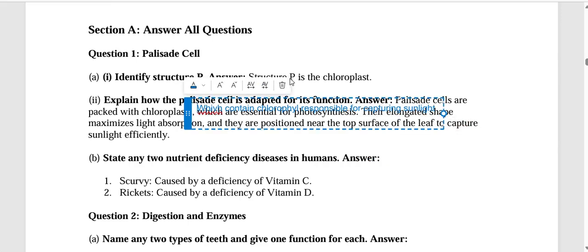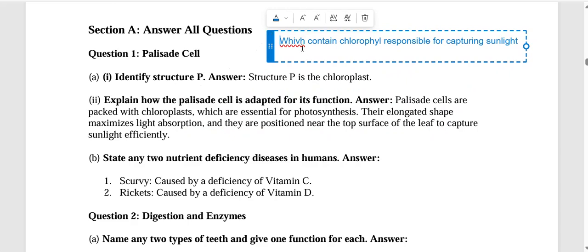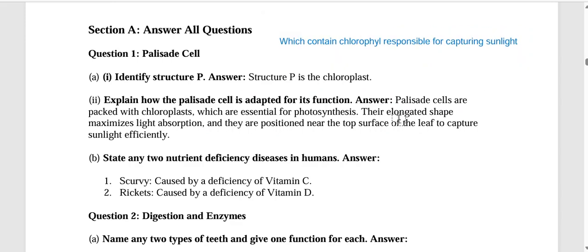So this point you have to remember it: the chloroplasts and chlorophyll which captures sunlight.